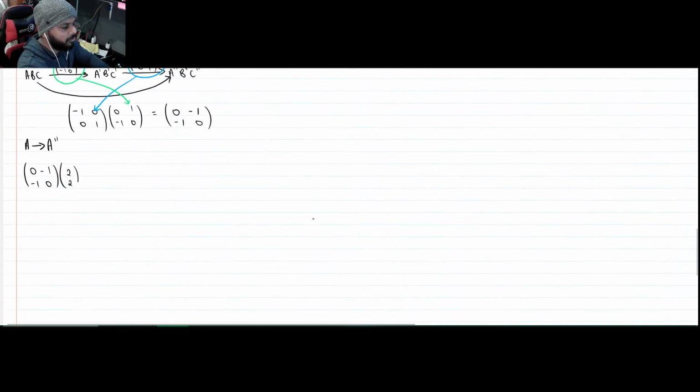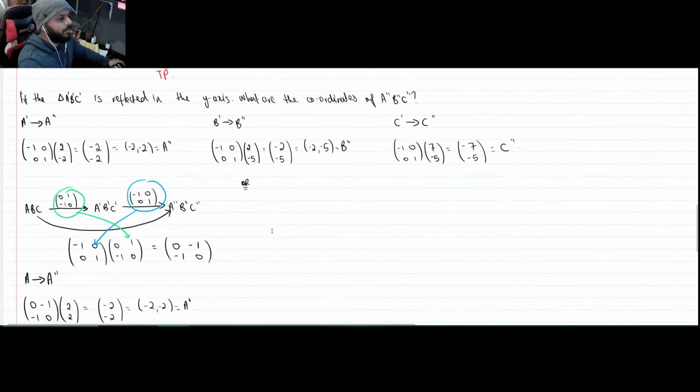Row by column, this is equal to minus 2, minus 2, which is A double prime.